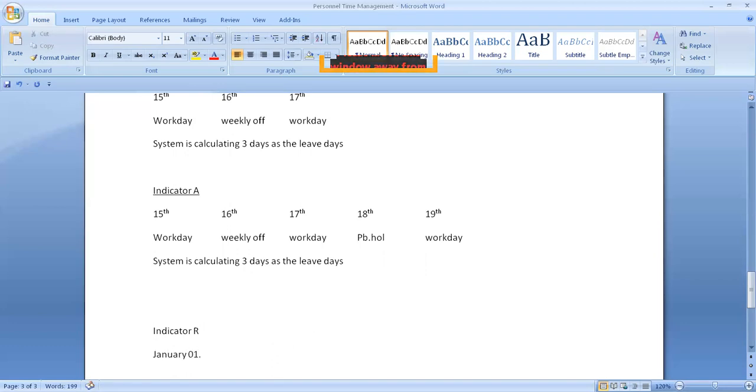Starting with 01/01/2021, as an example, and you are maintaining up to 31/12/2021. This is what you are maintaining for January.